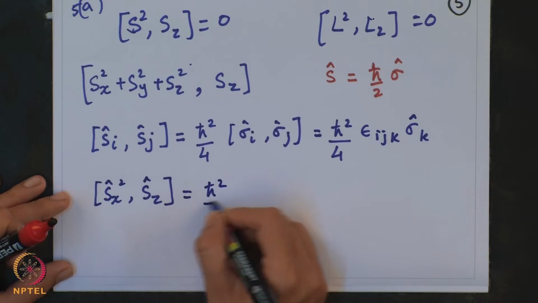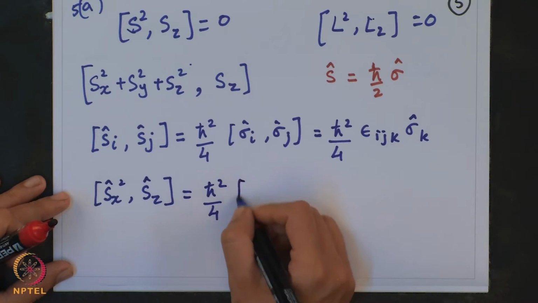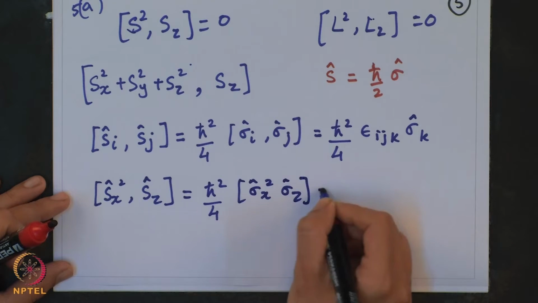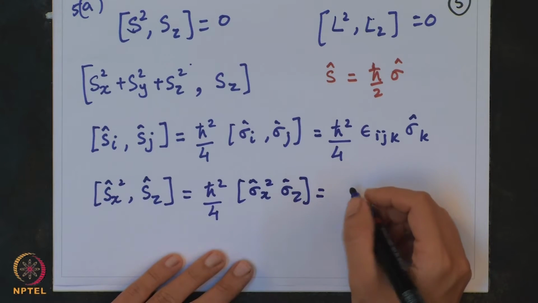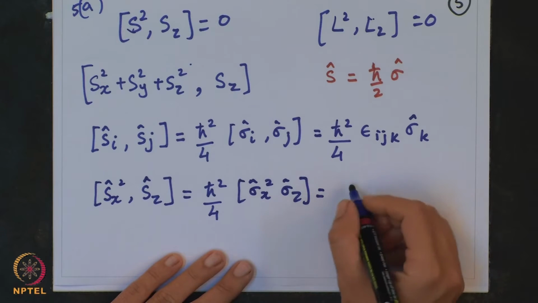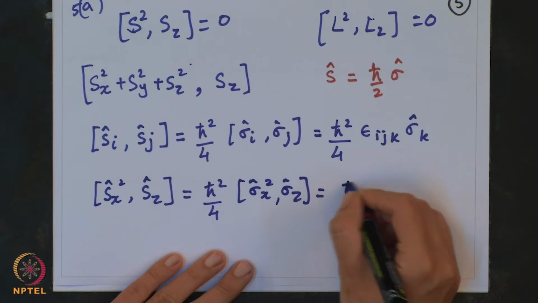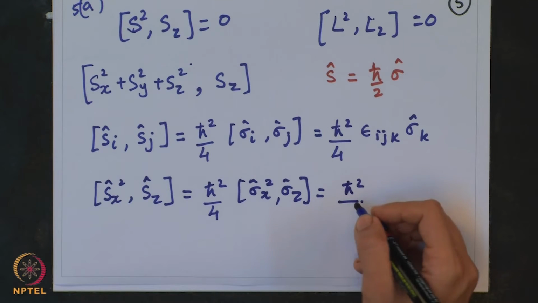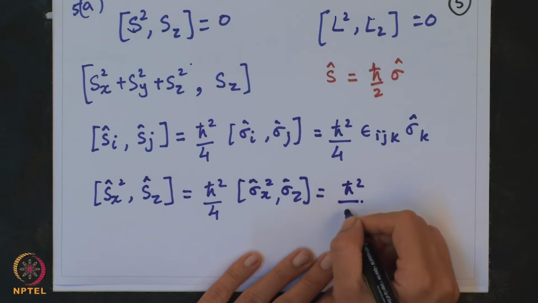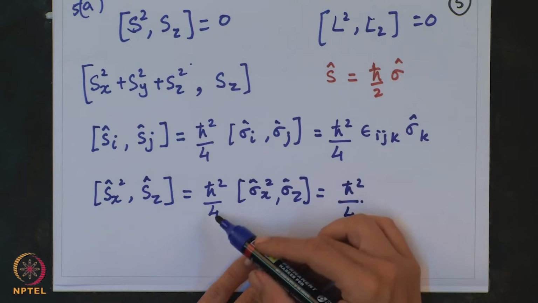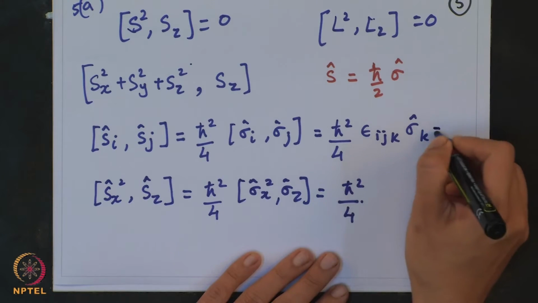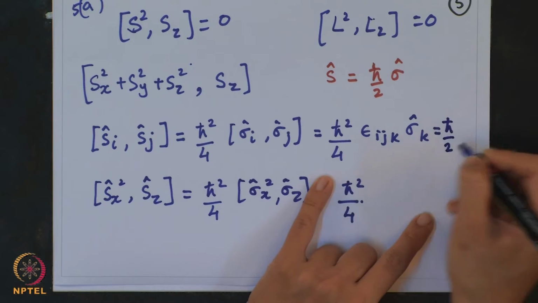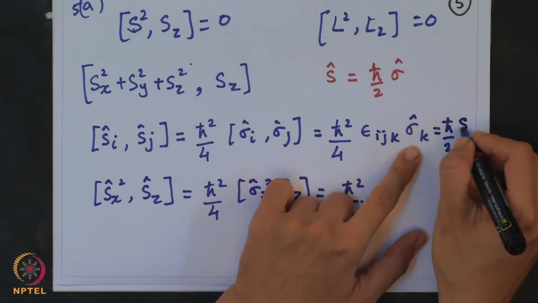S square Sz will be sigma x square sigma z, which will give me this, and the same relation you can rewrite again.